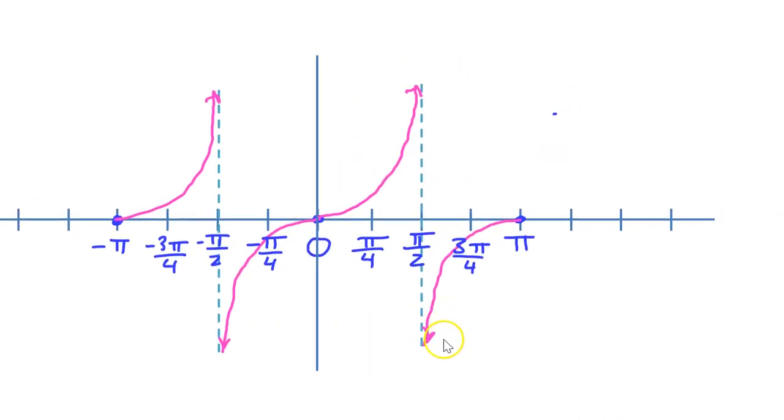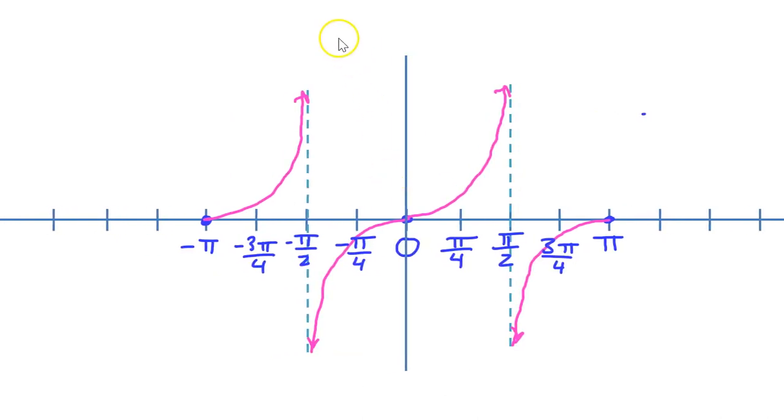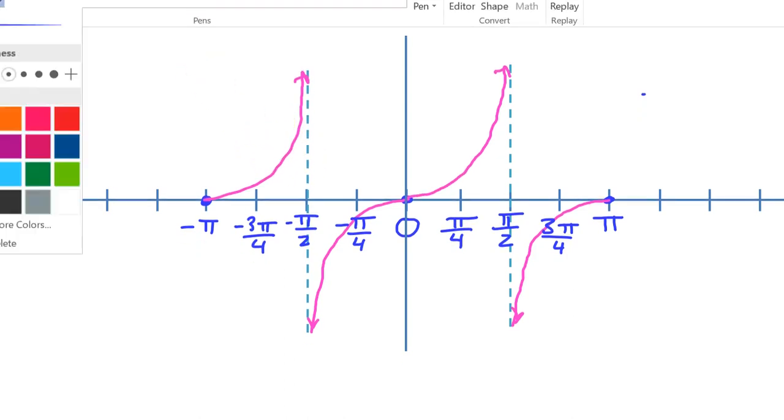Now, for a tangent function, there is no amplitude because the tangent function goes up forever and down forever. However, that a value of 1 still serves a purpose.